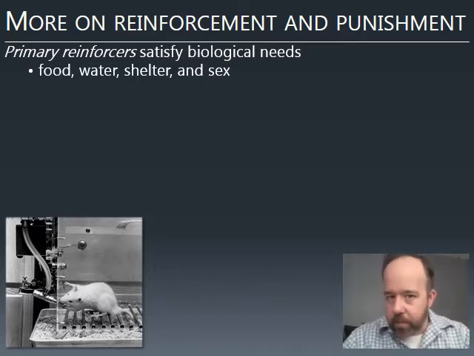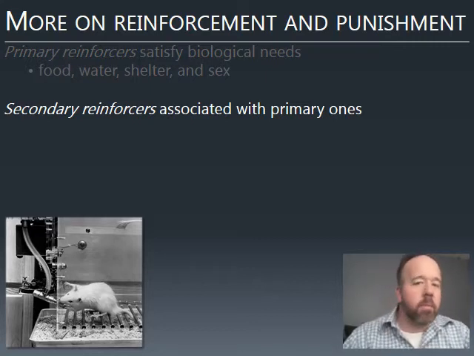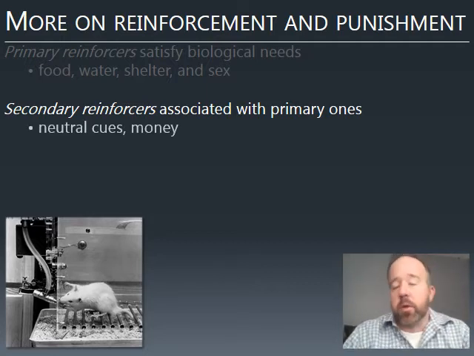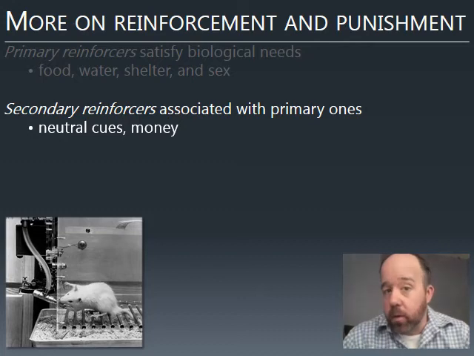And then there are secondary reinforcers. And these are stimuli that start off being neutral. So things like neutral cues, a light, or in Pavlov's case, a bell. There's nothing inherently biologically useful about a bell the way there is for food. A bell won't keep you alive.